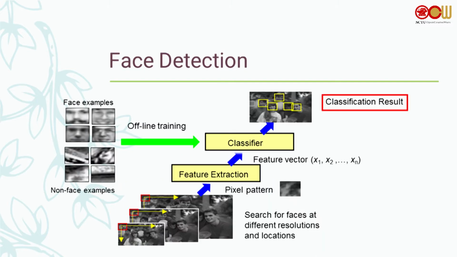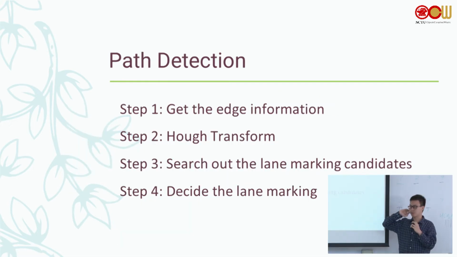Then we have another part, which is the mechanism of the trashing part. We already know about face detection, which uses Haar cascade classifiers. Continuing, path detection. You might already know about path detection.